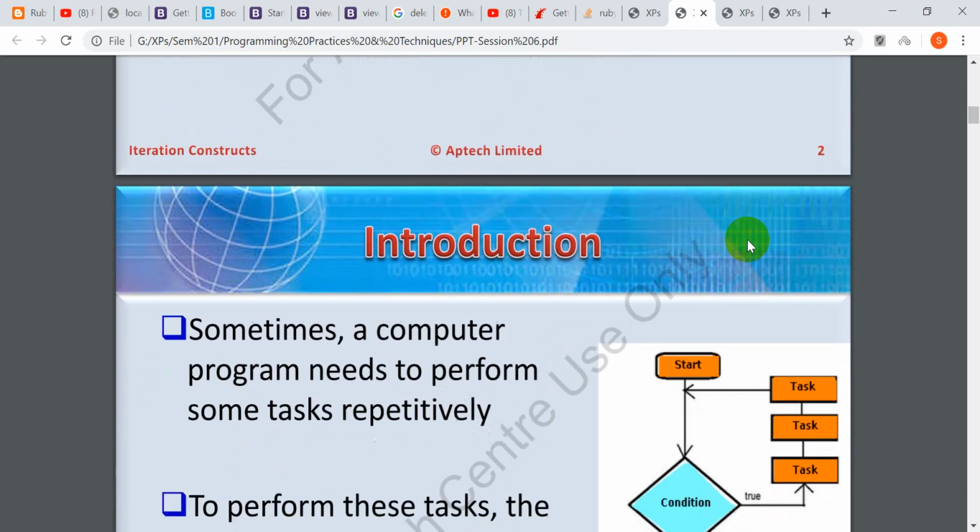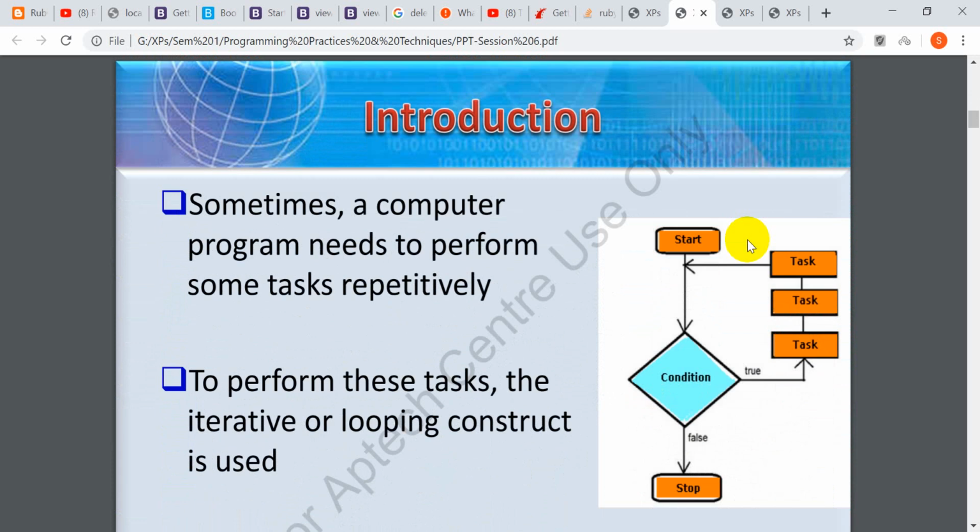Sometimes a computer program needs to perform some tasks repetitively, right? Do you get it? To perform these tasks, the iterative or looping construct is used.